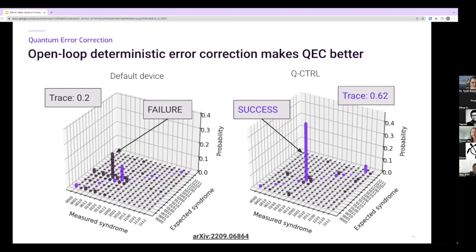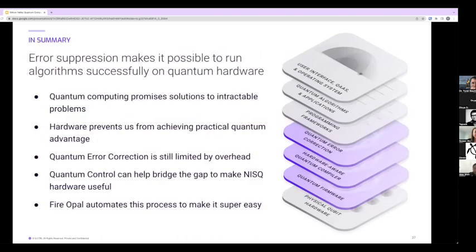These practices, these theories, are highly complementary to one another. So in summary, you should be able to take these techniques that are available today and derive meaningful results from the quantum hardware that is available today, even given how limited it is due to the inevitable error and noise that is introduced in the system.